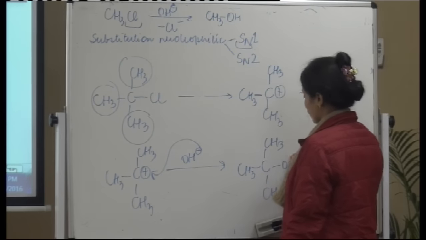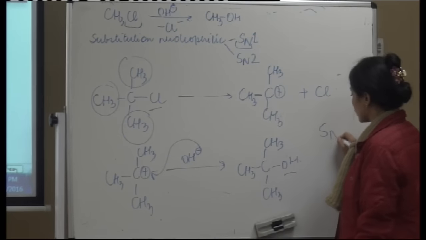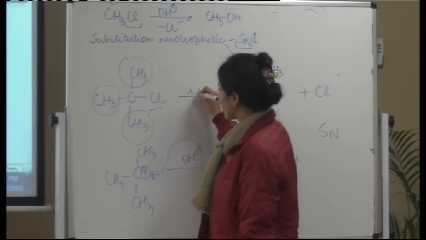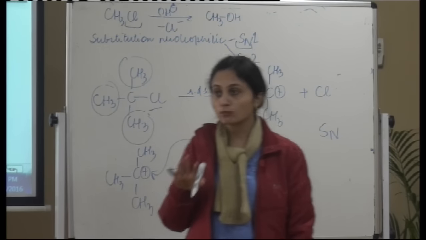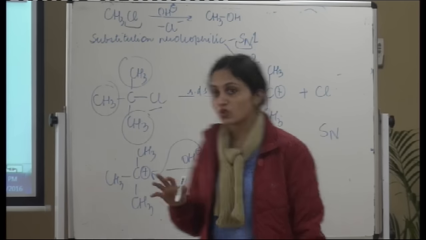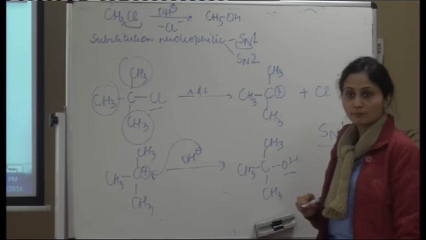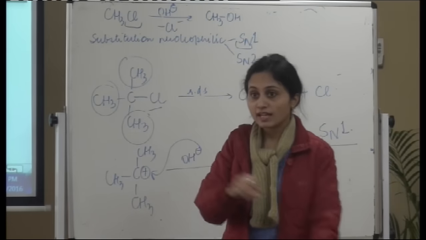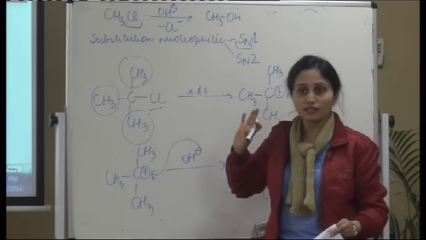First of all, this is our substitution of nucleophile, so this is SN. But this is our rate determining step, in which only one molecule is involved. So this is known as your SN1 mechanism, which is happening in two steps. So don't get confused. In this case, your OH minus, the incoming nucleophile, cannot attack in the first step.